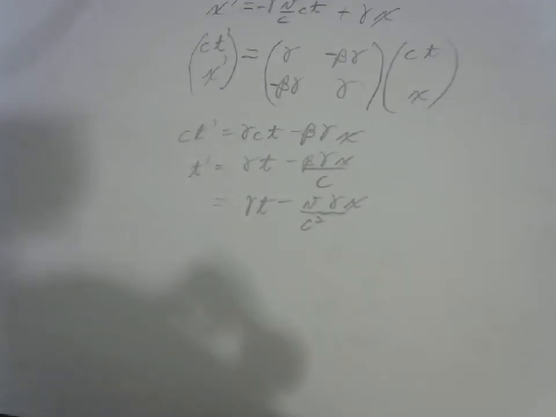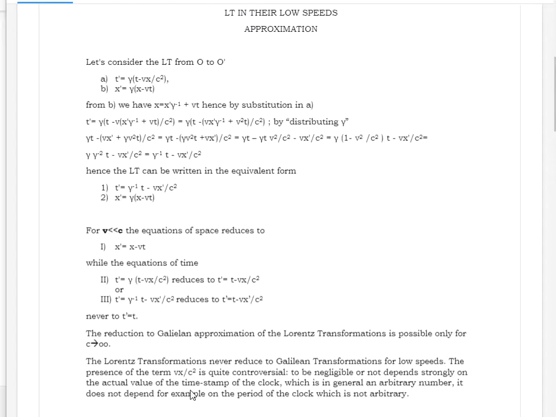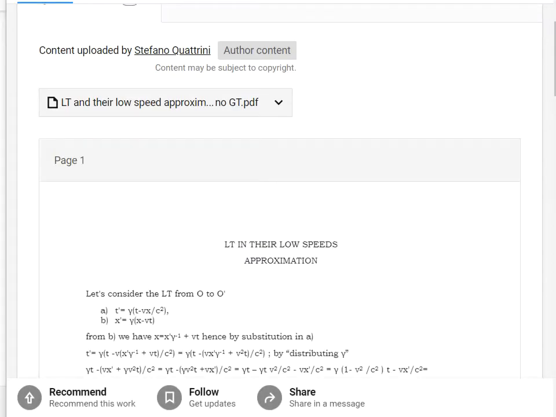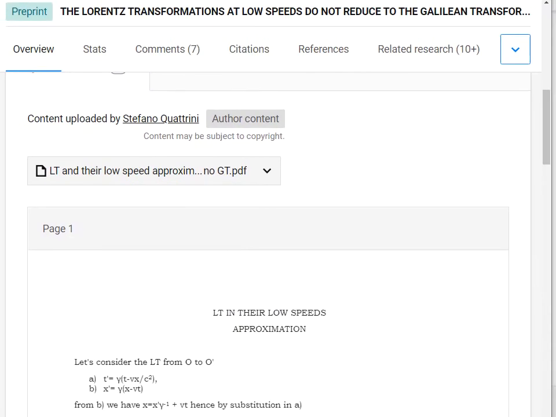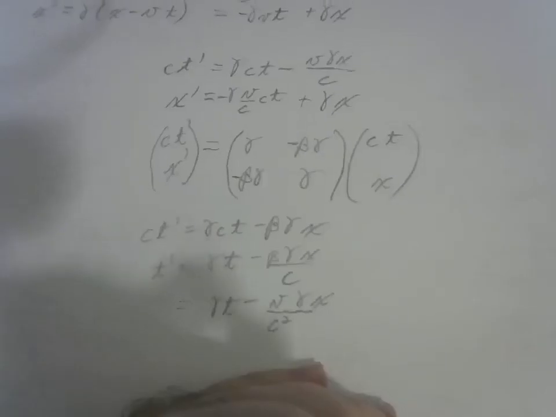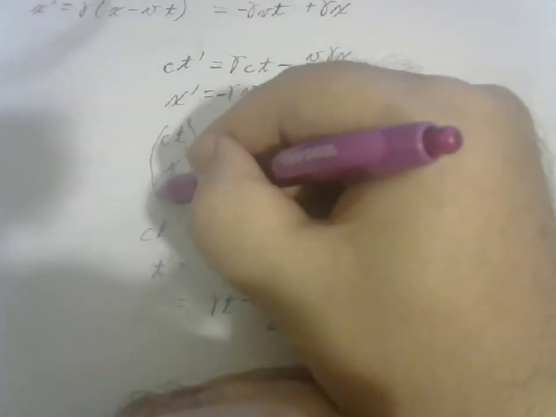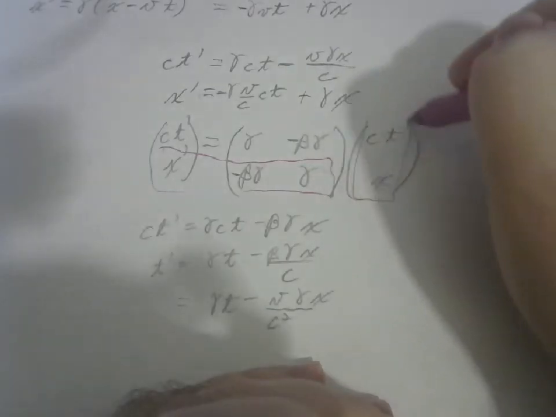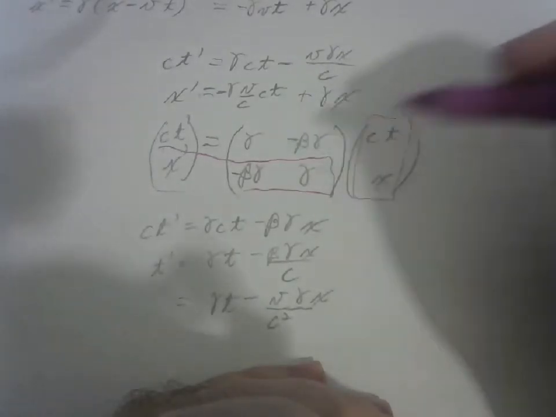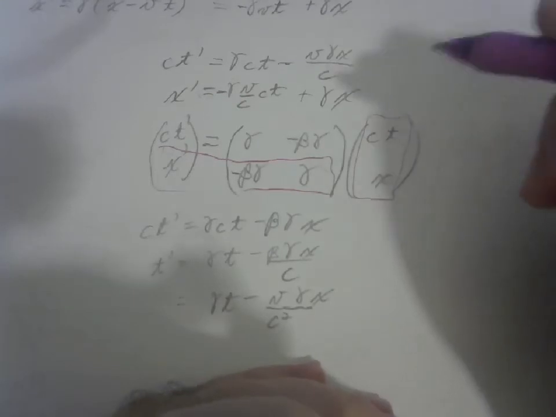So the paper that I'm looking at is called "The Lorentz transformations at low speeds do not reduce to the Galilean transformation." Essentially what Stefano Quattrini says is that this part of the equation reduces to the Galilean transformation.